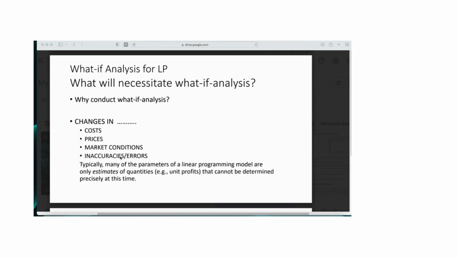The data that we get from the operations department may only be accurate on the day it was gathered, because as we have said, there are changes on a day-to-day basis. The data we have gathered, like prices or the profit computed, may no longer be that exact amount, because the data would change on a day-to-day basis.